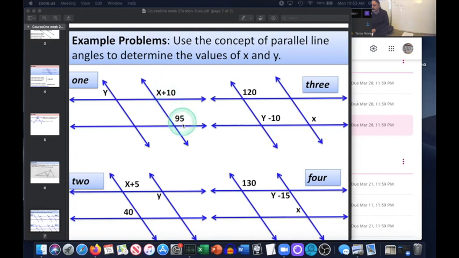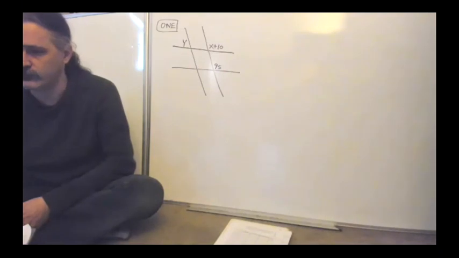Only 95 and x plus 10 can be compared. They're connected to the up and down transversal. X plus 10 and y can be compared. They're connected to the left and right transversal. Y and 95 cannot be compared. They're not connected to the same transversal.